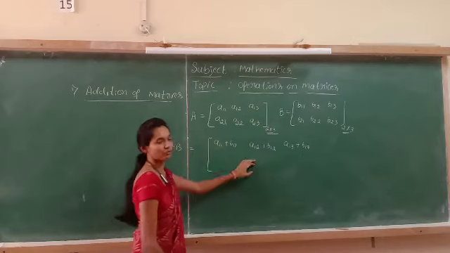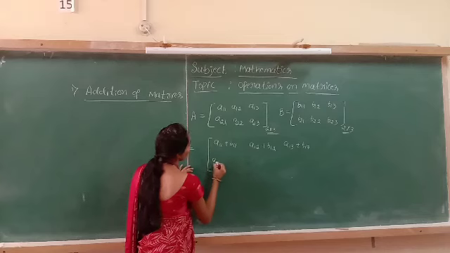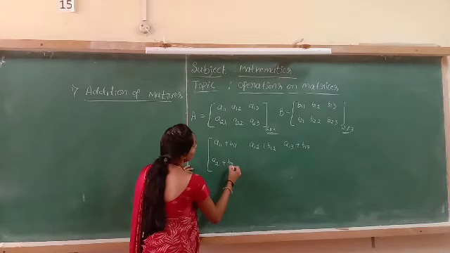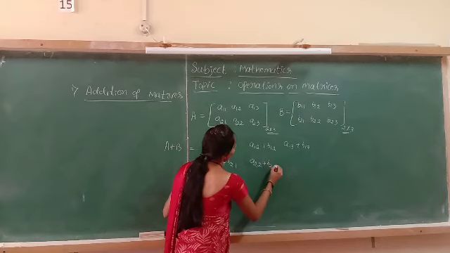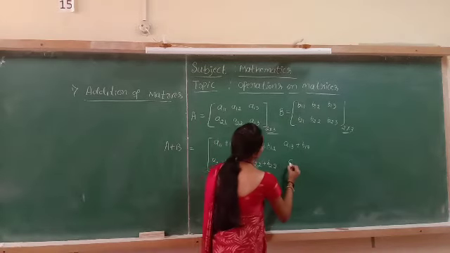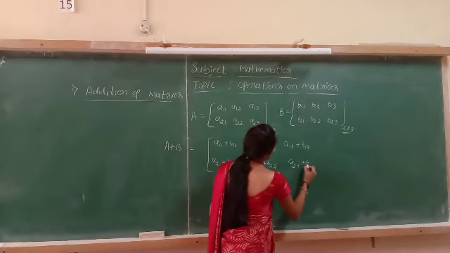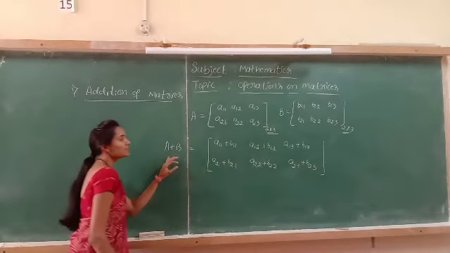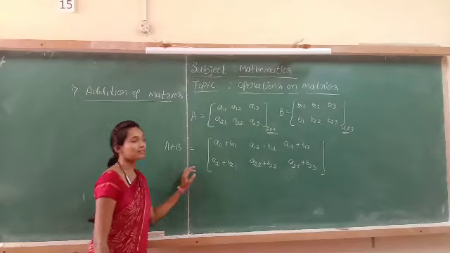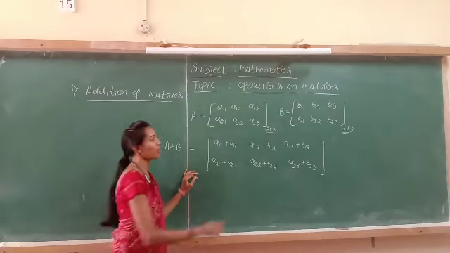This is the first row. Move on to the second row: A21 plus B21, A22 plus B22, and A23 plus B23.